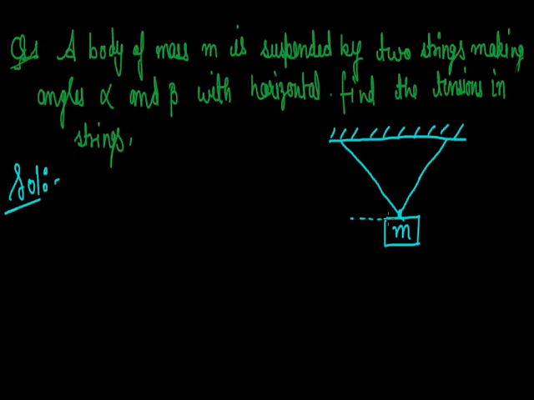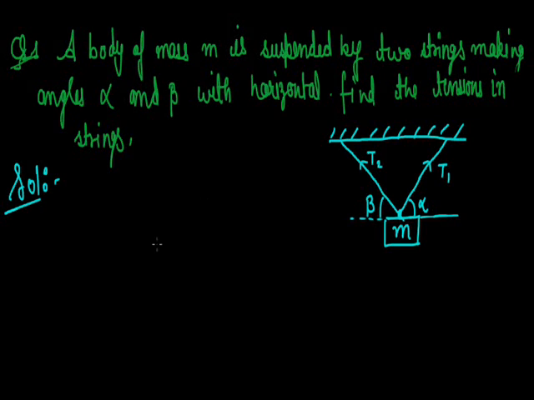Suppose this angle is alpha and this is beta. So we have to find out the tensions in string. Suppose here tension is T1 and here tension is T2. Actually this figure will be given in question. So now we have to find out the tension T1 and T2.